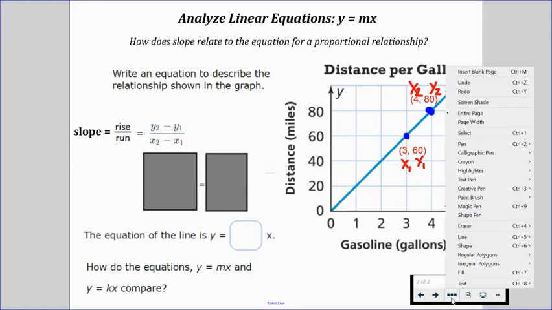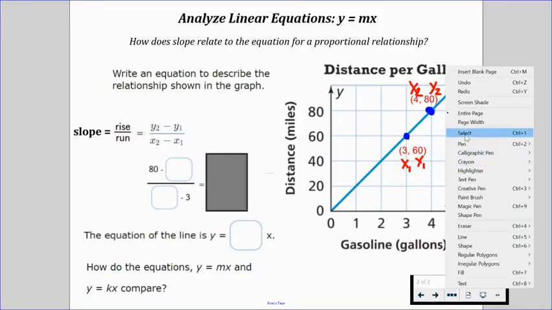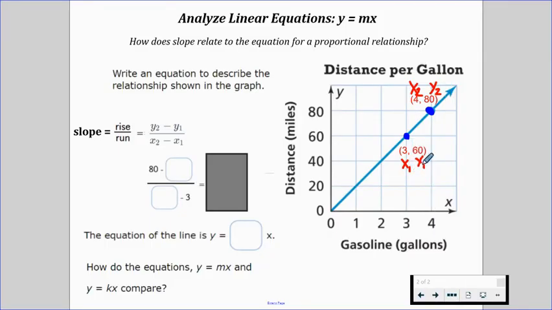Now we are ready to take those numerical values and plug them into our slope formula. y2 minus y1. So we need to plug in any of our missing values from our work shown. We said that y2 is 80, which they have shown us right here, minus, what should we plug in for y1?